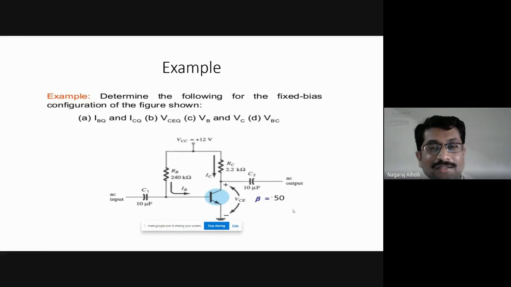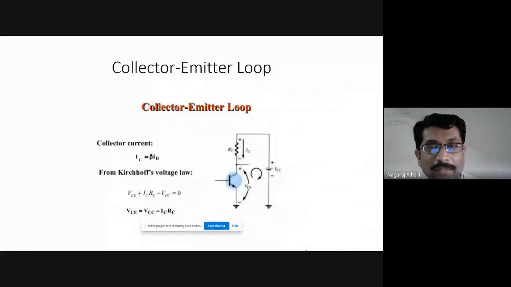Okay, fine. Any other questions, students? Were the concepts clear to everyone in today's class? Okay, fine. So what are the topics of today's class? We considered first the operating point.